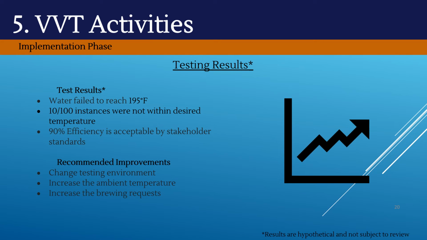So for an example, if a stakeholder sees this, it fails, but there's a 90% chance that it's still working. So they would be acceptable by these stakeholders. But if it fails, we can also make recommended improvements, such as maybe next time changing the test environment or increasing the ambient temperature or increasing the brewing request.